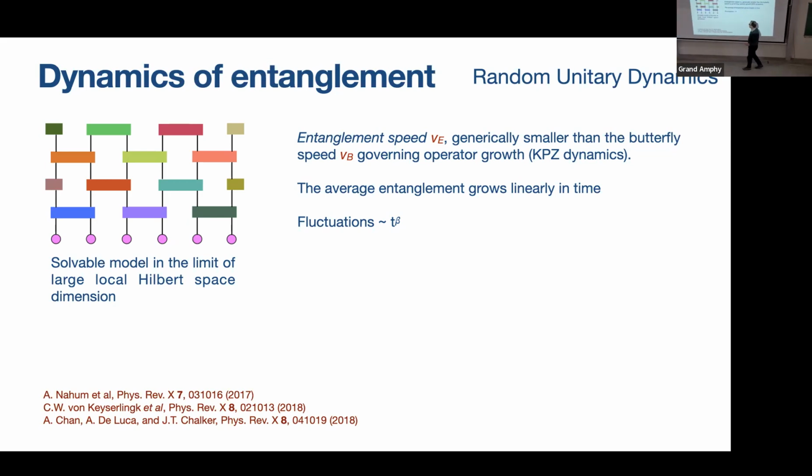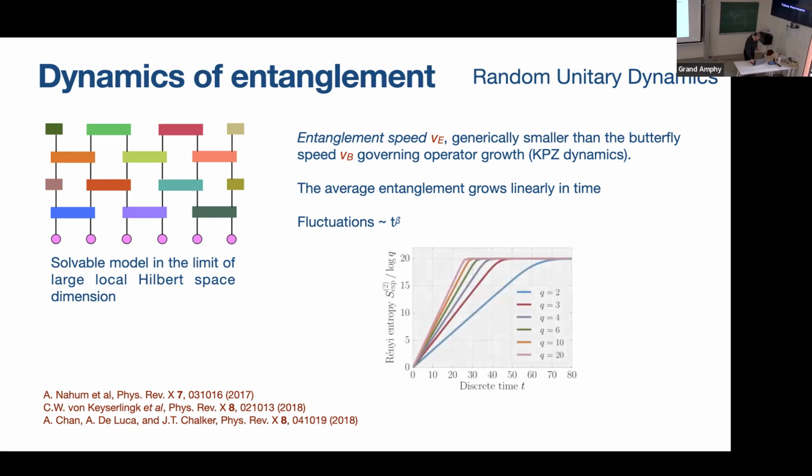the papers have different flavors, slightly different models. But the idea is that by considering these dynamics, considering random unitaries, one can make very nice progress, in particular when the local dimension of the Hilbert space increases, then it is possible to derive some analytical results.